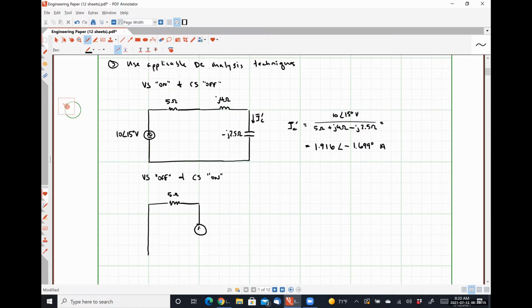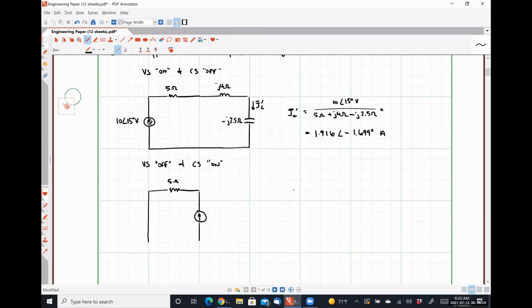Our current source is on, and it has a value of 2 angle negative 30. Negative j2.5 ohms. This will be IC double prime.